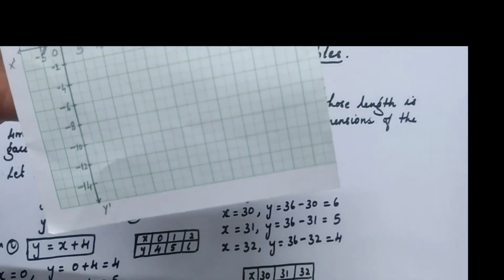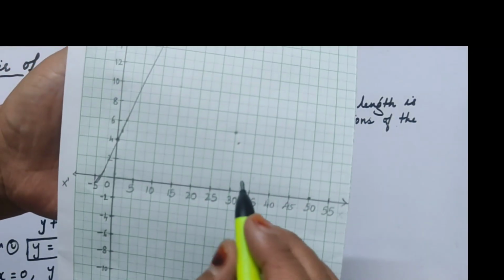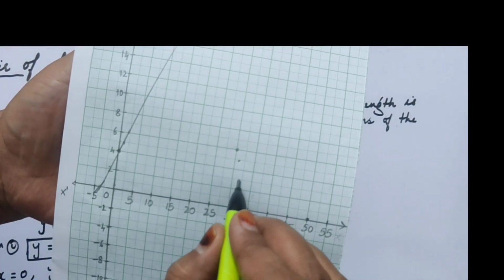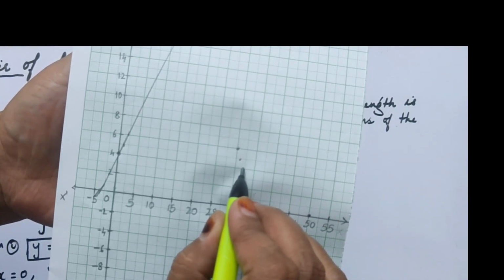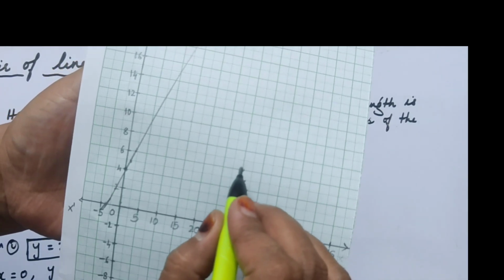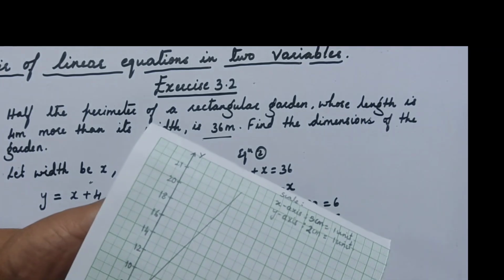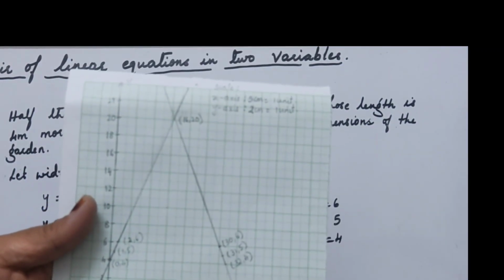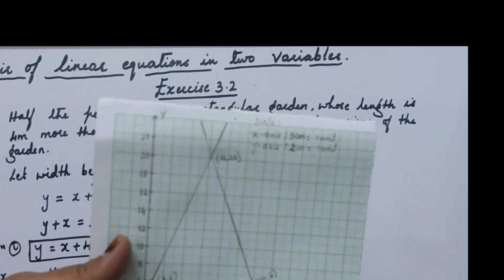Okay, 32 and 4. 32 is 4 divisions, 32 and 4 I got here. Okay, let me join all the points and get the dimensions of the garden.